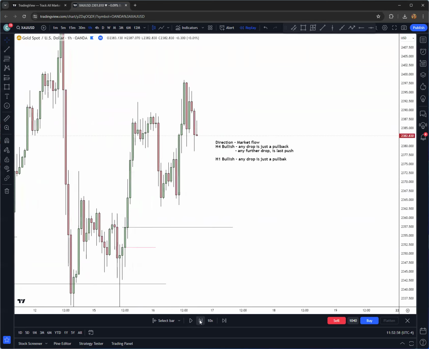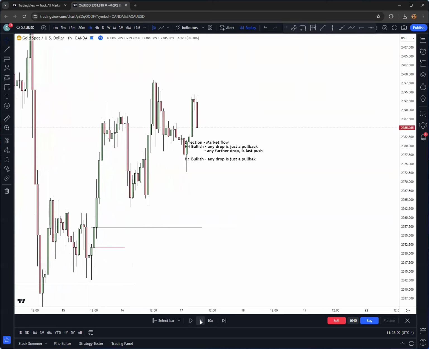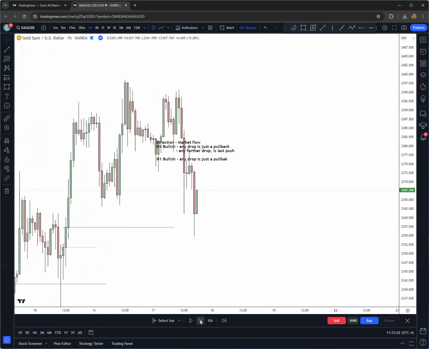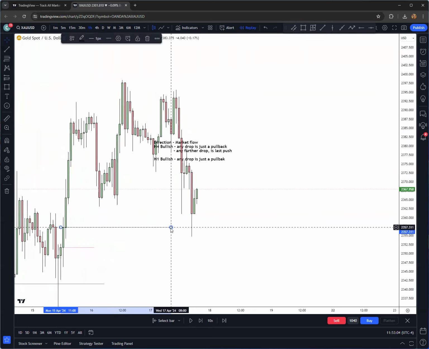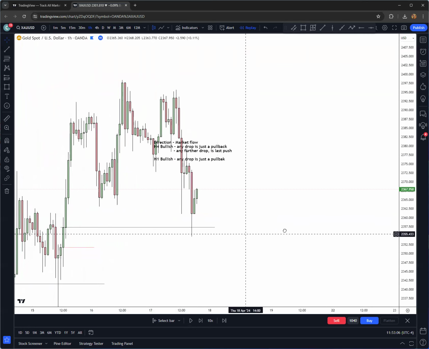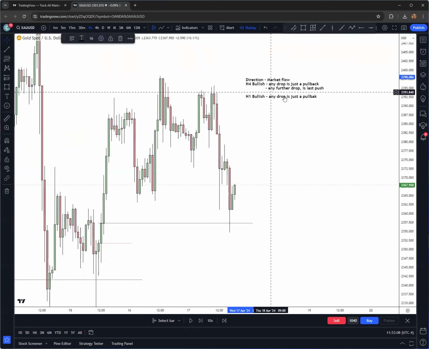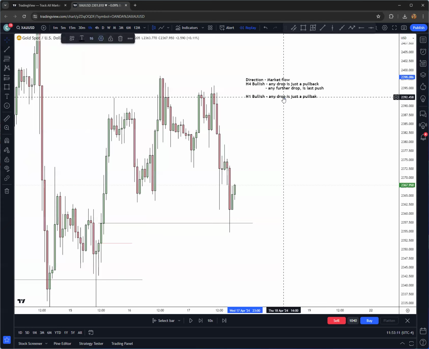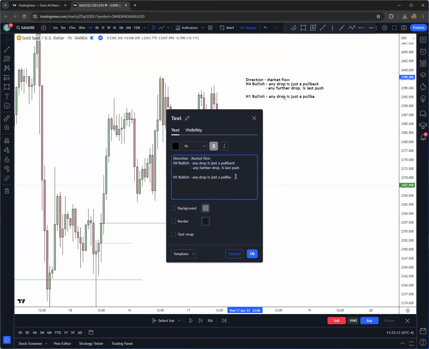So let's see if price comes back down there. But there we go. It tapped in on H1. So H1 doesn't give you the pullback. All right. So now your market flow again needs to be updated because you're trying to get the last push.